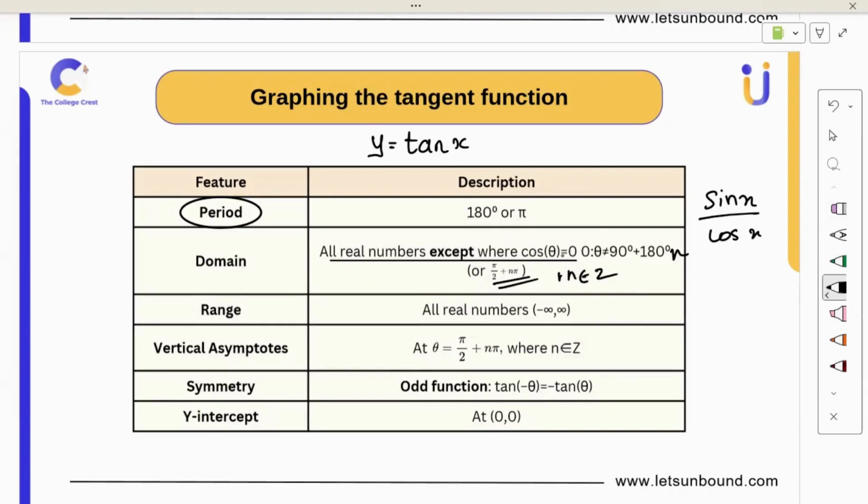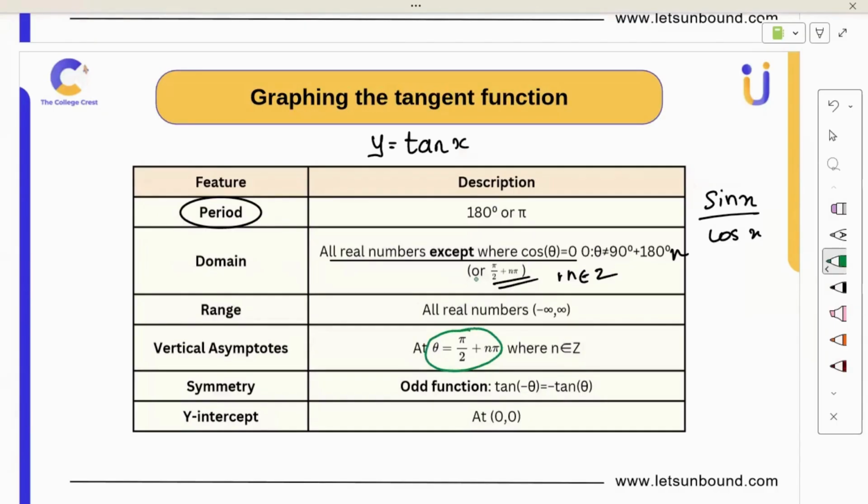Vertical asymptotes, yes. Whenever your denominator becomes 0, there is a hole or an asymptote. I'm talking about a rational function, but this is not a rational function, yet it behaves in the same way. So the vertical asymptotes for the tan function are theta equals pi by 2 plus n pi.